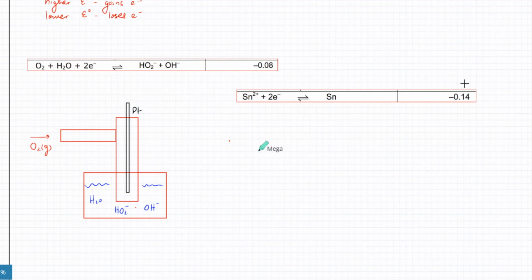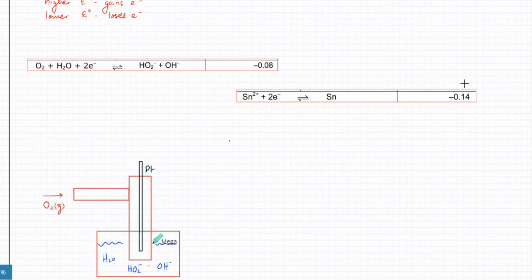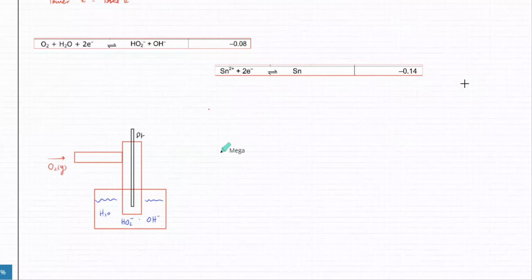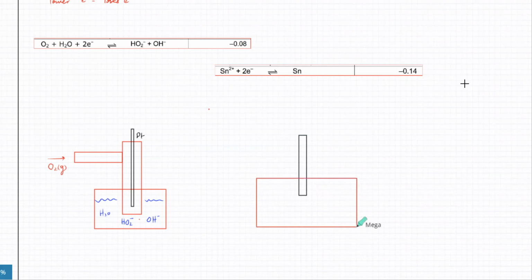And then the other one. That's one electrode. Now the other one is simple. What would be the electrode made from for this one? Tin, Sn. So it's going to be made from tin, and there's obviously going to be the same type of beaker, and that's going to contain the tin 2+ ions.